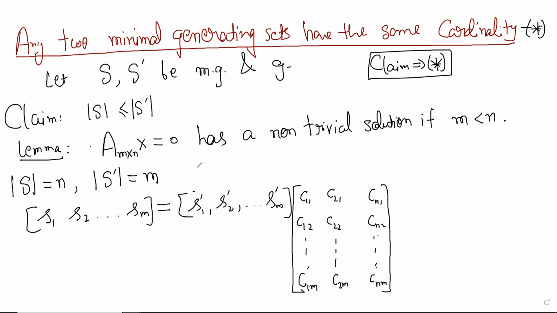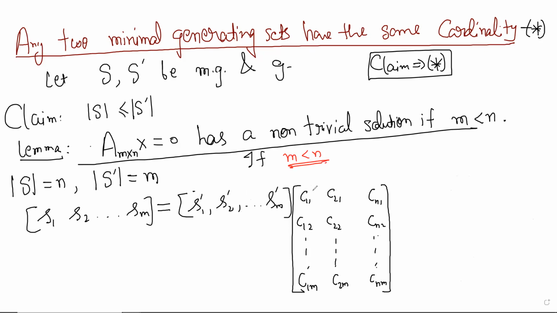Now, if you apply the lemma, so now if m is less than n, then what happens? If m is less than n, then we will have m non-zero rows.